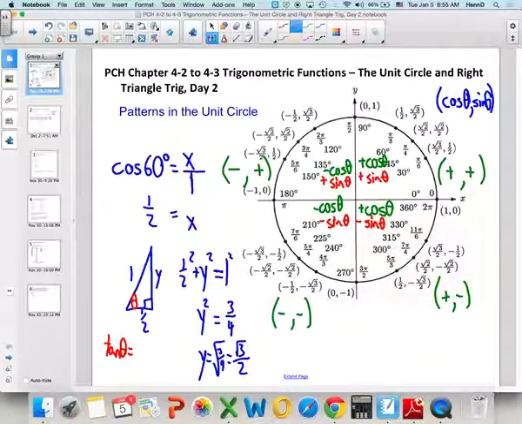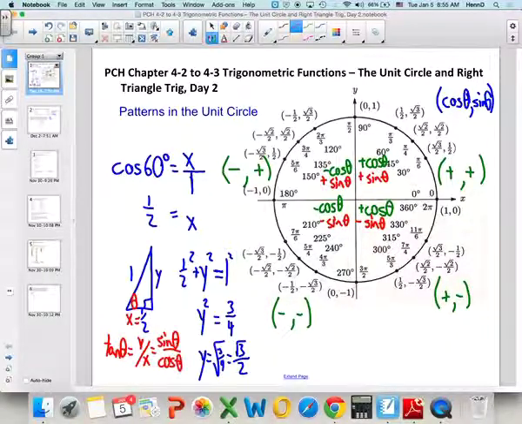Y over 1/2, and that would equal 2y. That's good. And the key thing I want you to recognize here is that 1/2 was our x coordinate, right? So it's y over x. Now, what's the y coordinate? Sine. And the x coordinate is cosine.